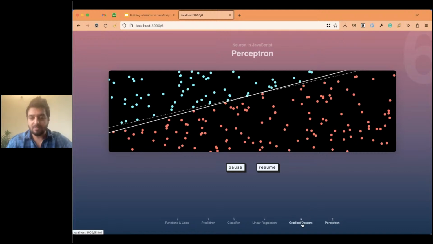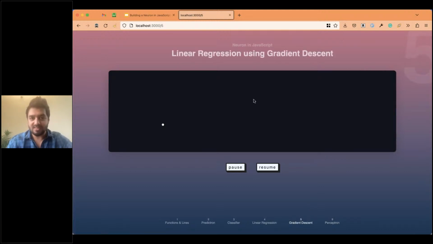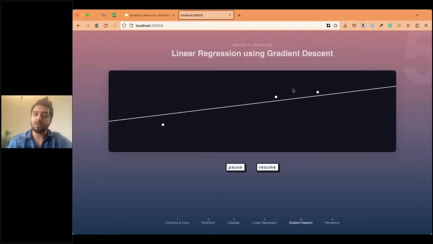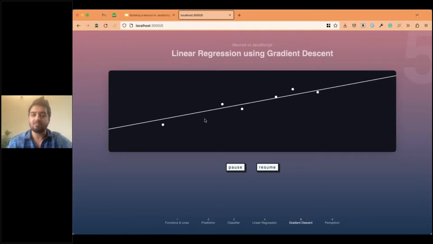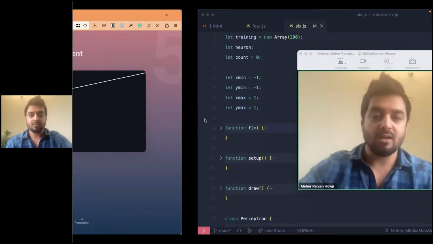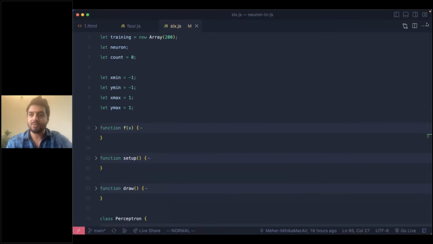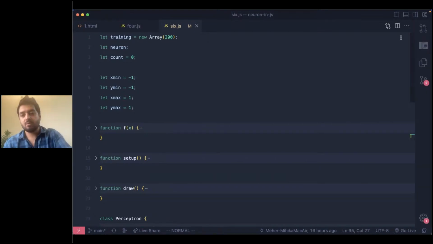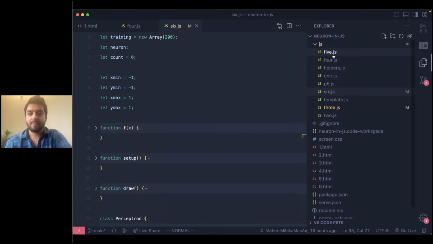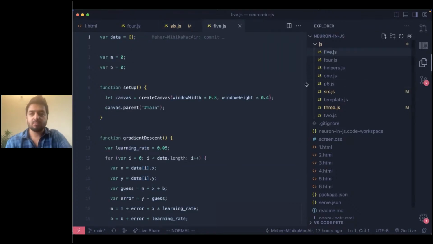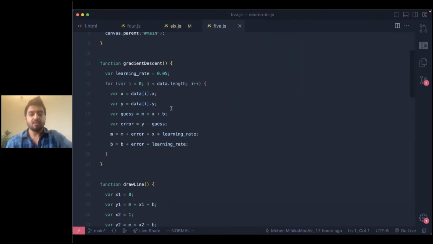So for this example, we are not using any square of the sums. We are using gradient descent to completely guide it. And I can just show you the code for the fifth as well. So yeah, in this example, you can see that we are using gradient descent here to guide the learning rate, guide the prediction.